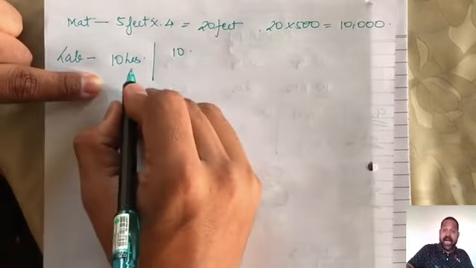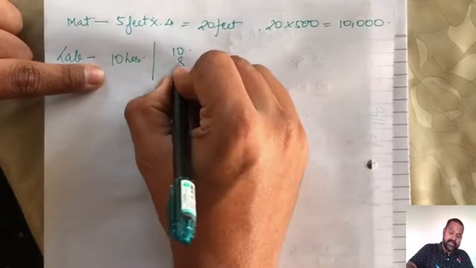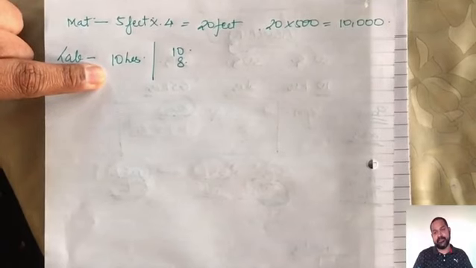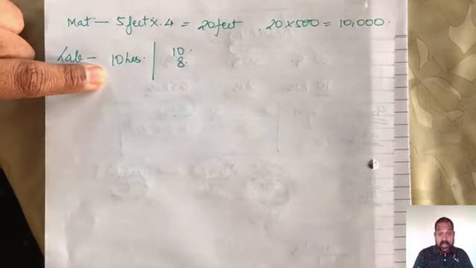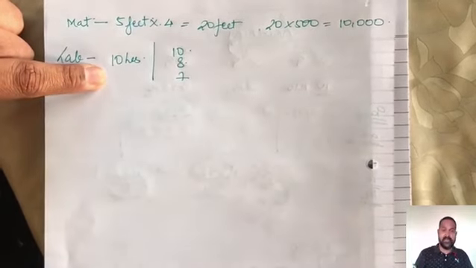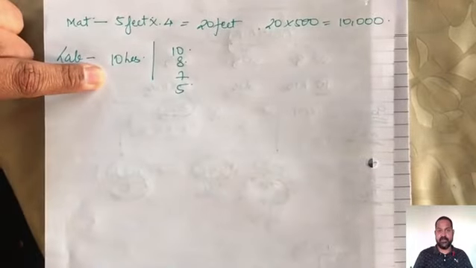If they take 10 hours to do the first chair, they will not take 10 hours to do the second. They might finish the second in 8 hours. The third chair, they might finish in 7 hours, and the fourth chair, they will finish in 5 hours.